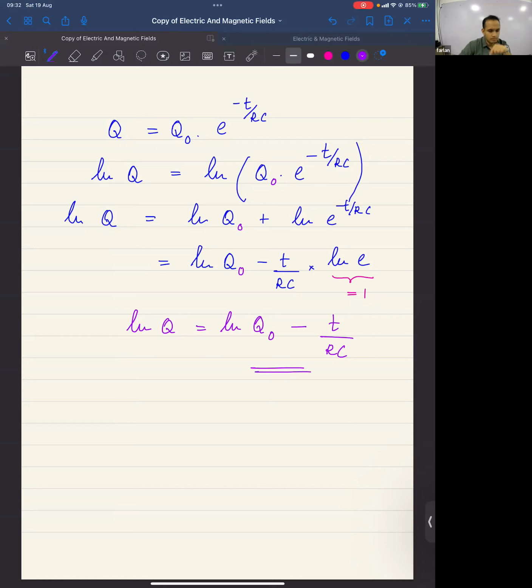Understood? Take it down. Can you take the log of a negative number?